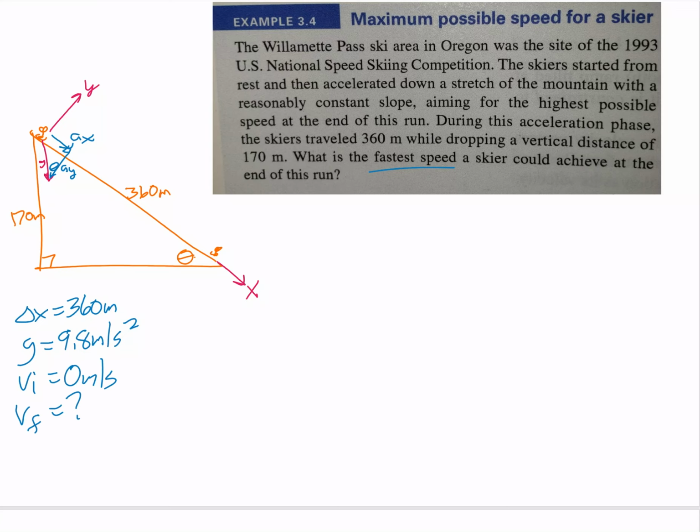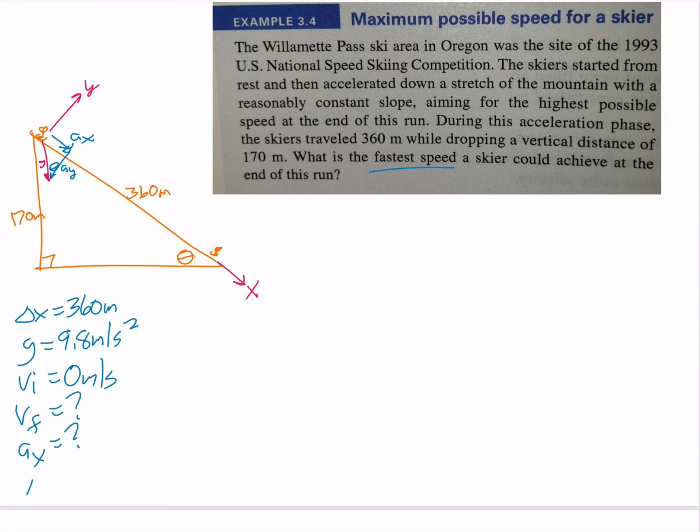A sub y, or a sub x, right? Do we need to know a sub y here? No. A sub y doesn't do anything for us. A sub x is what pulls us down the hill. So a sub x is something we need to know. We also don't know delta t, or do we? Did it tell us how long it takes? No, I don't think so.